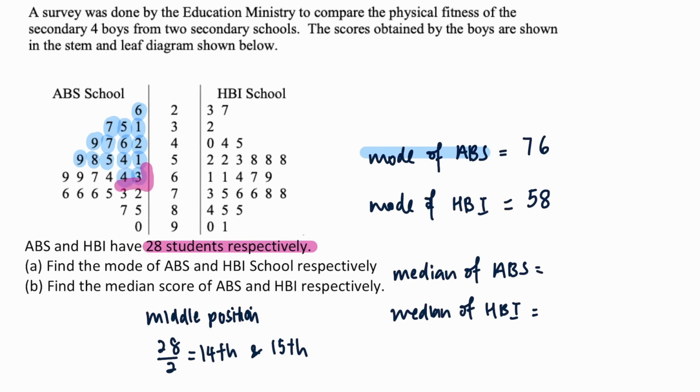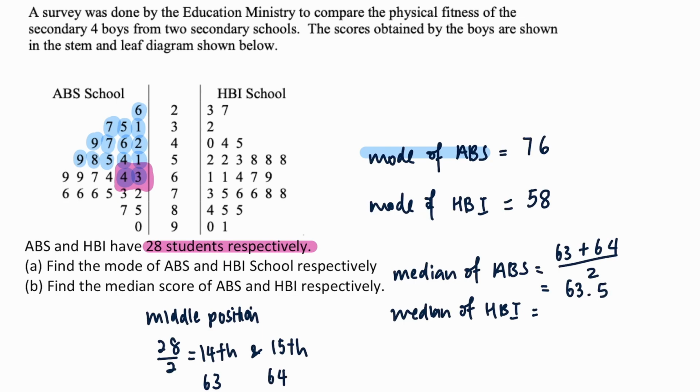You can see that the 14th and 15th positions are here. So the 14th position for ABS is 63, and the 15th position is 64. So my median of ABS is 63 plus 64 divided by 2, which is equal to 63.5.